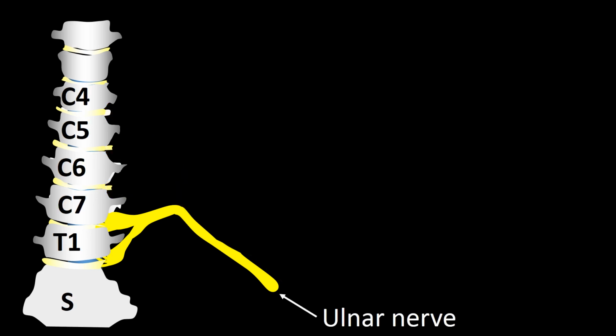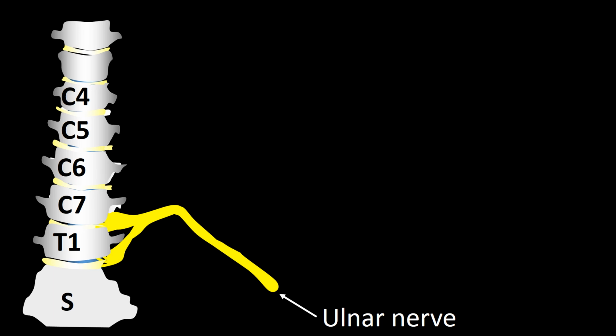As you can see, the only brachial plexus structures that receive fibers from the ulnar nerve are the medial cord, the anterior division of the lower trunk, and the C8 and T1 rami.